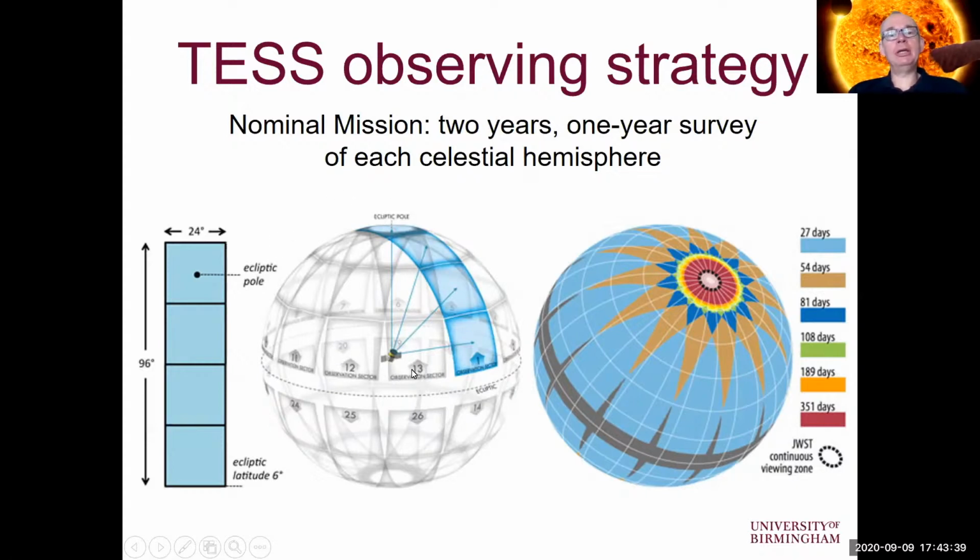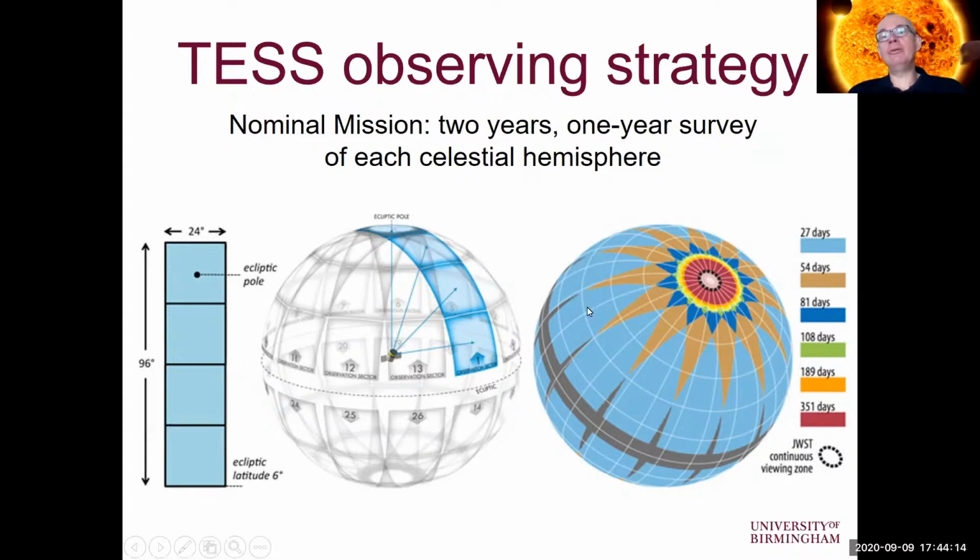So that after 13 of the sectors, each sector lasting about 27 days, you've mapped most of an entire hemisphere. Now, the closer you get to the ecliptic poles, so this is the ecliptic here, okay, and the orientation is such that you've got the ecliptic north pole pointing upwards, the ecliptic south pole pointing downwards, you can see that there are regions closer to the poles which are observed possibly in 2 or even more of these different observing sectors.